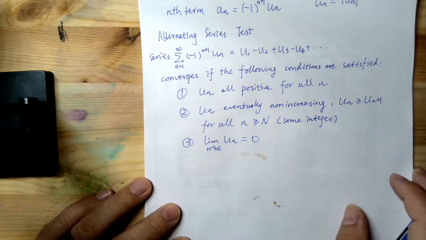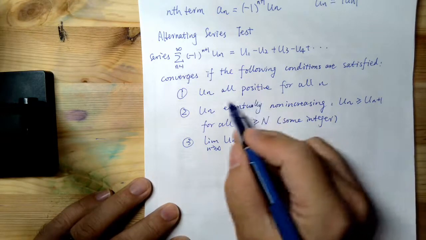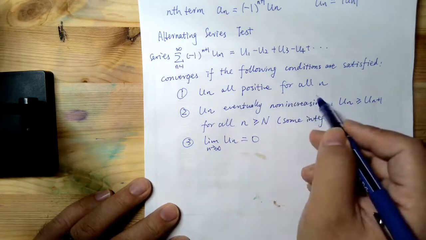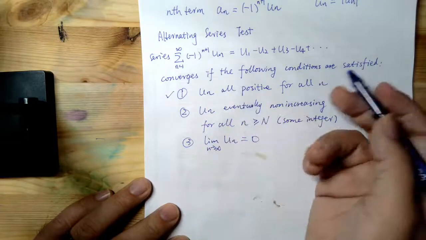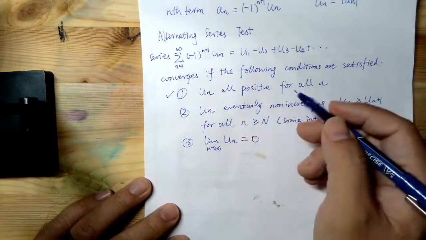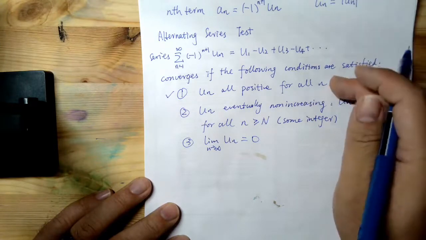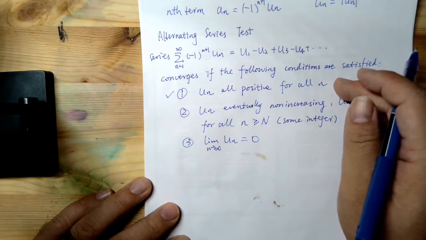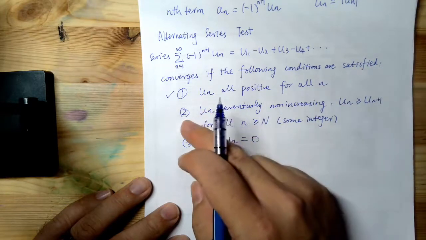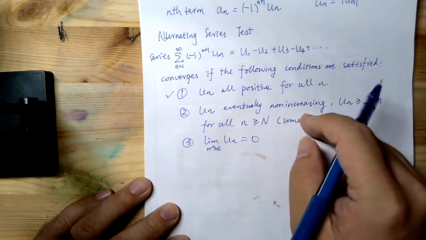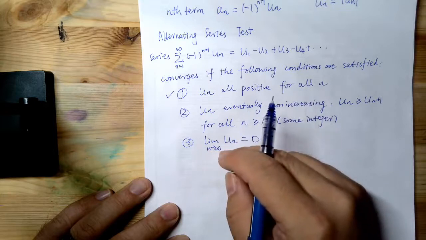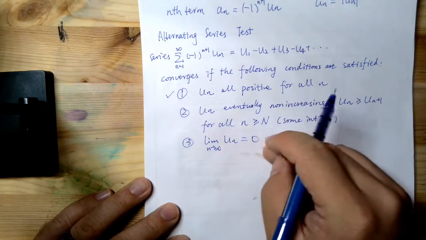Actually, it's very easy to apply because for the first one, u_n are all positive for all the n's, I would say 99.9% of the situations, this is already ready. So all we need to check is that eventually u_n is non-increasing, and the limit of u_n equals 0.